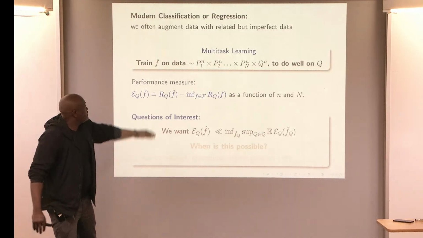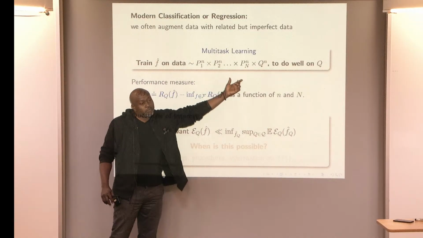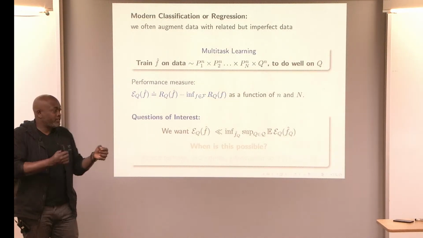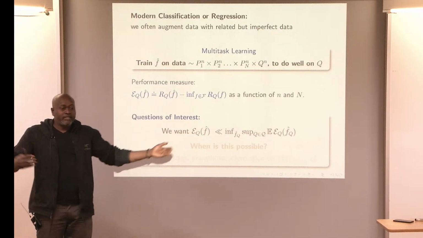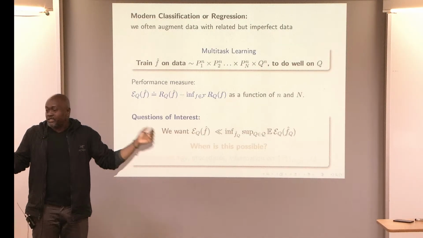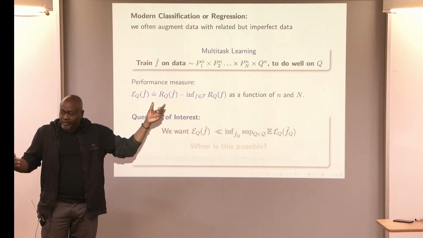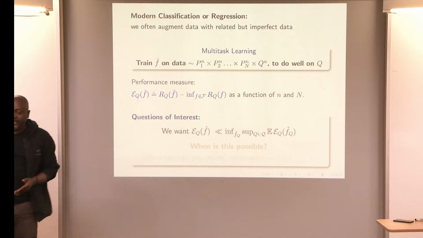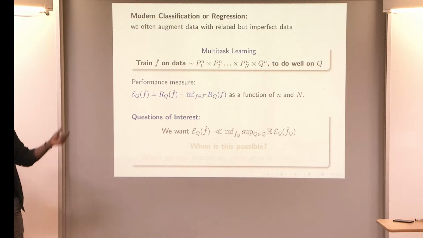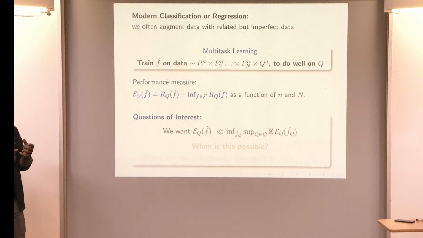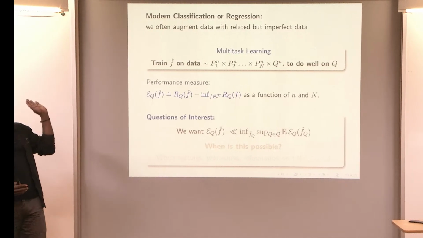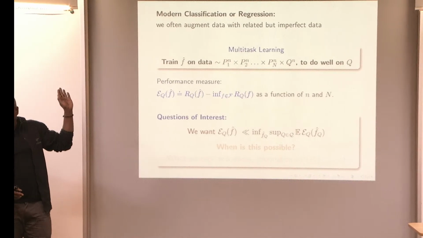For instance, if all the P_1 through P_N are extremely close to Q, we can imagine that, yes, I should have a faster rate of convergence in terms of small n and big N. If all the P's are very far from Q, then that might not happen. In particular, if the P's give me a completely different, let's say, regression, then it could actually hurt to use the P's. Fine?